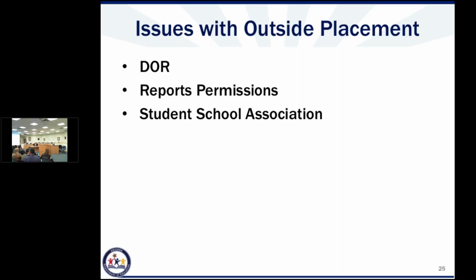Right, but what you're telling us that we need to do now is if we've got a student that's taking a class at another high school, that we have to enroll that student at that high school. If you want the section to land, then you have to have the student school association there. Okay, but if we don't care about the section to land, then we don't need to.